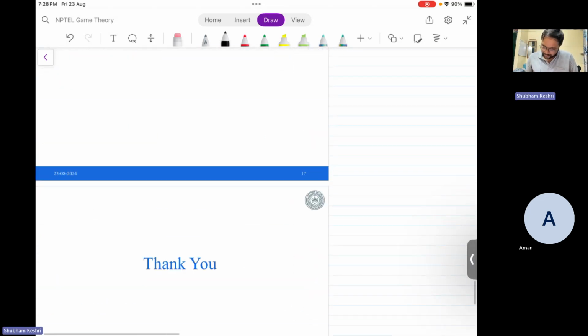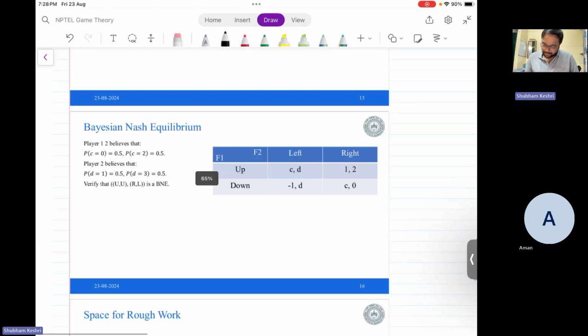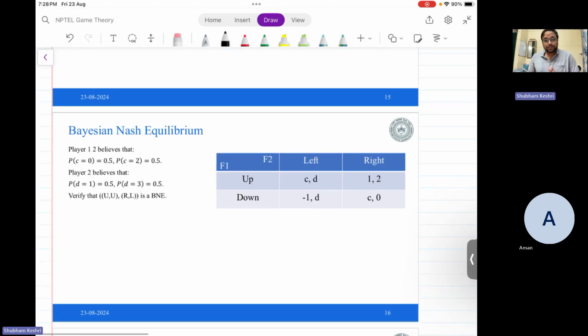Now this is the last question. This is the case where player 1 believes that C can be this and player 2 believes D can be this. So there are two types of player 1 and two types of player 2.